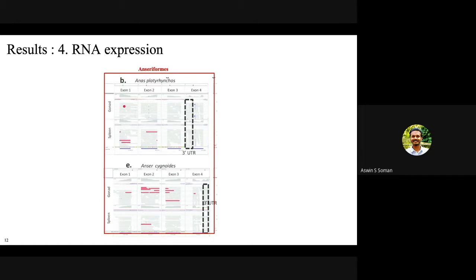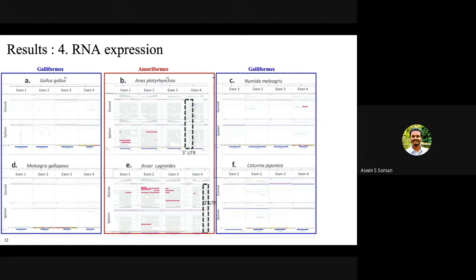If we look at duck and the anseriforms, we can see for PLGRKT, all 4 exons are expressed, and if we look at galliforms, none of the exons are expressing, showing any reads of RNA in these 2 tissues.